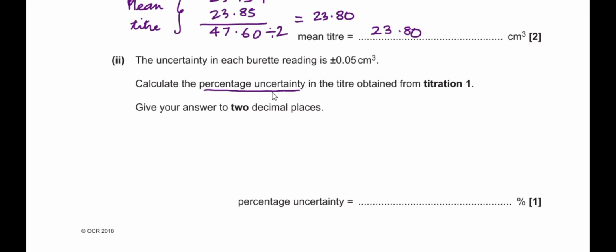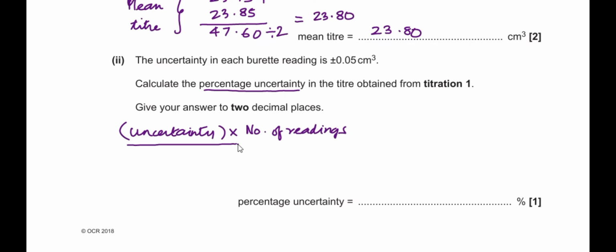The formula for the percentage uncertainty is uncertainty multiplied by the number of readings, whole divided by the actual reading, multiplied by 100 written as a percentage.